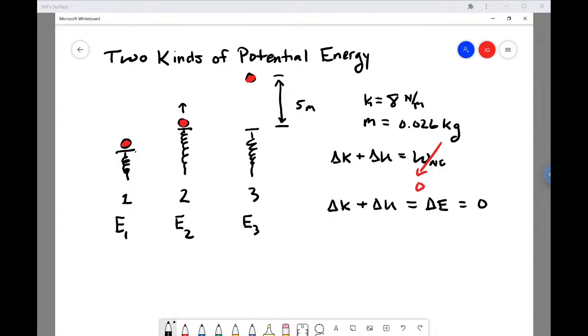So when you have conservation of mechanical energy, you can set up problems by quantifying the mechanical energy the system has at any moment and setting it equal to the mechanical energy the system has at any other moment.